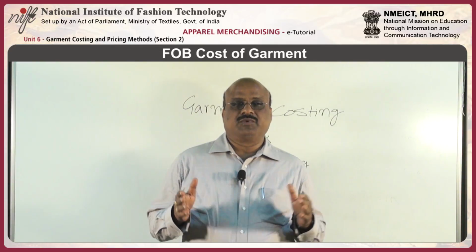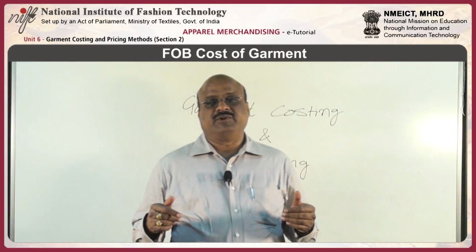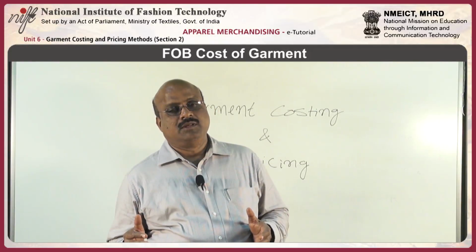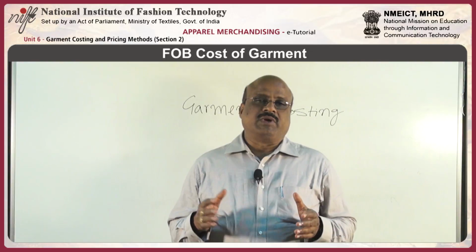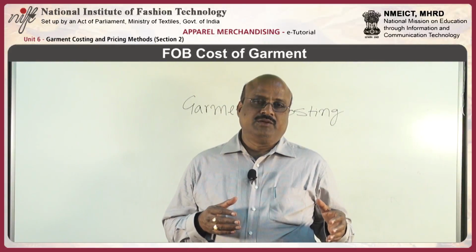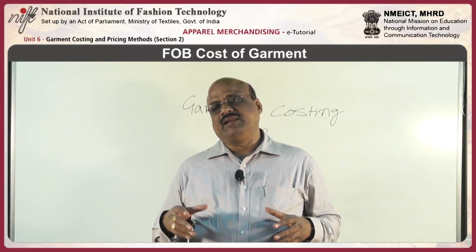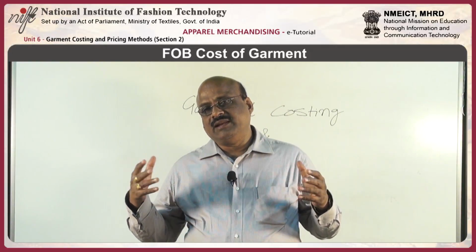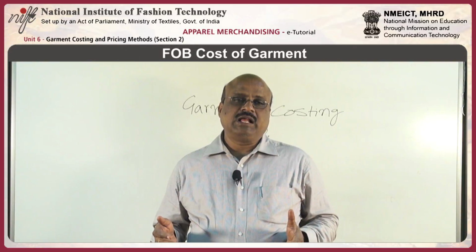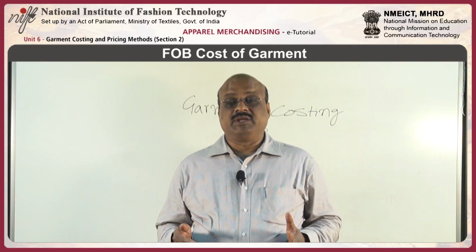Apart from costing knowledge, the merchandiser must be aware of fluctuation in the cost of different components of the garment from time to time, how the fabric costs are varying, how the trim costs are changing. So you should have a fairly good idea of the costs of all these things. And finally, costing is a very dynamic process.